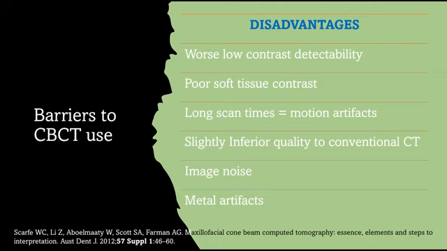This leads to scattered radiation, which reduces the contrast and limits the imaging of soft tissues. Hence, the CBCT is principally indicated for imaging hard tissues only. Because of the distortion of the Hounsfield units, CBCT cannot be used for estimation of bone density, and the scan times for CBCT are lengthy at 15 to 20 seconds and require the patient to stay completely still, in comparison with two-dimensional imaging technology.